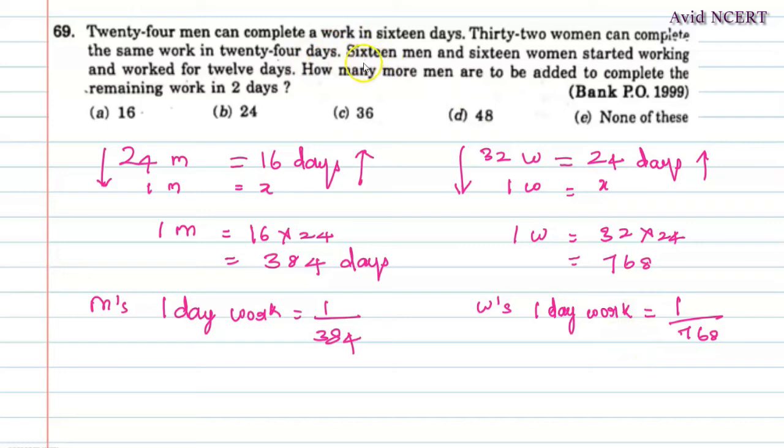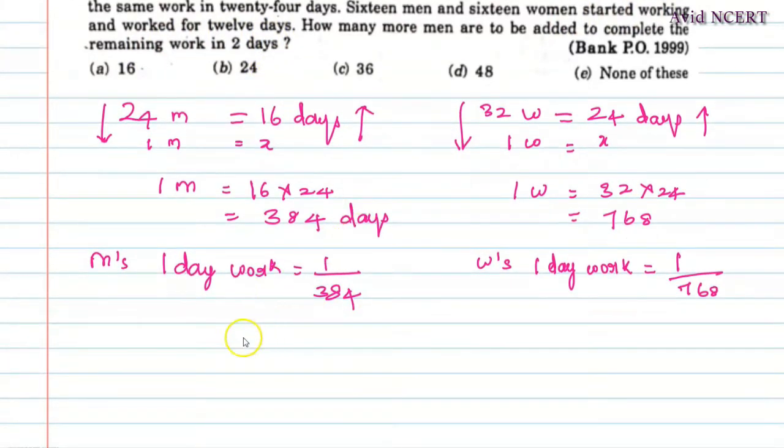Now from the next sentence, 16 men and 16 women started working and worked for 12 days. That is 16 men, which is 16 into a man's 1 day work, 1 by 384, plus 16 women, that is 16 into a woman's 1 day work, 1 by 768, who worked for 12 days.